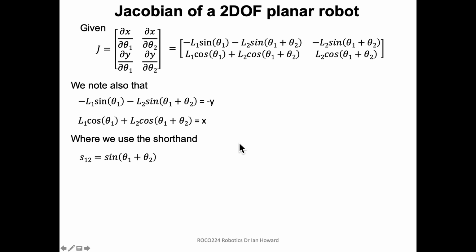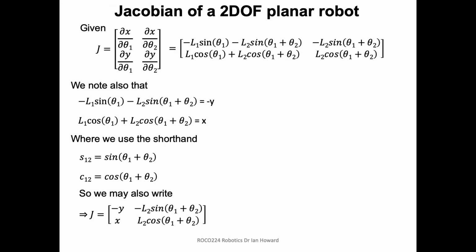So if we write S12 as the sine of theta 1 plus theta 2, C12 as the cos of theta 1 plus theta 2, we can also write the solution to the Jacobian down, first of all in terms of what the x and the y are, but also then in terms of this shorthand. So we've got a scaling factor of L2 multiplied by sine theta 1 plus theta 2, L2 cosine theta 1 plus theta 2.